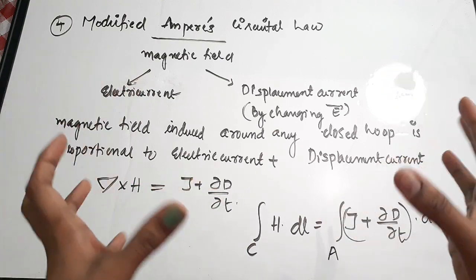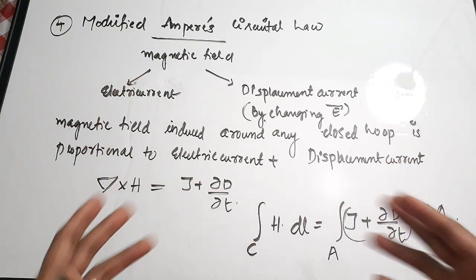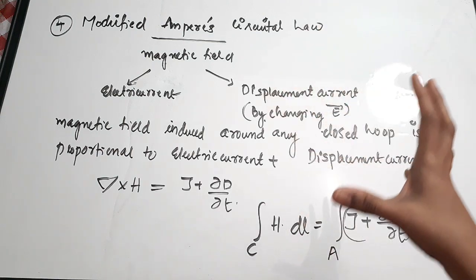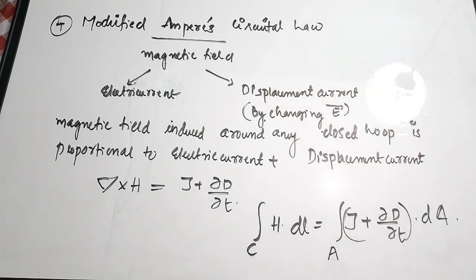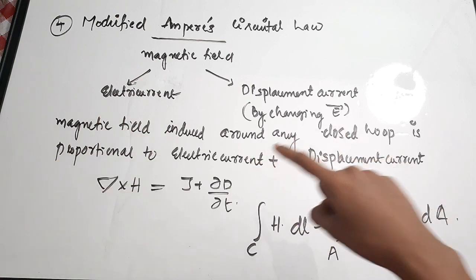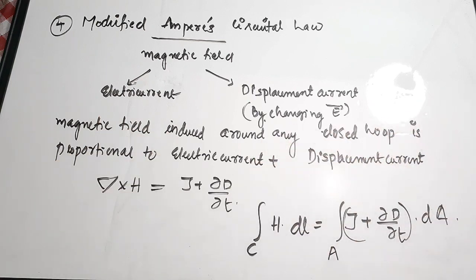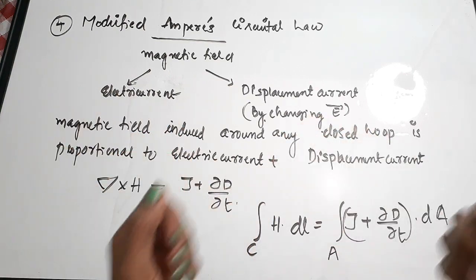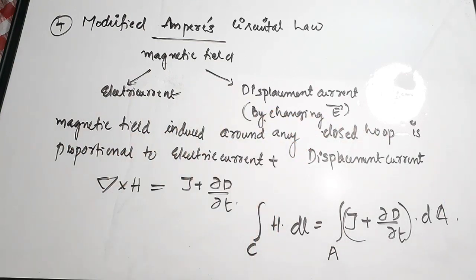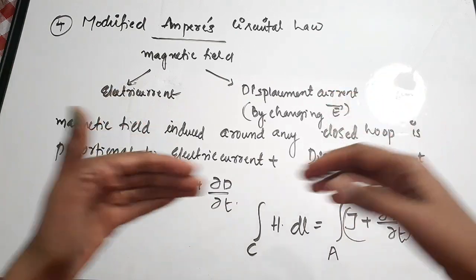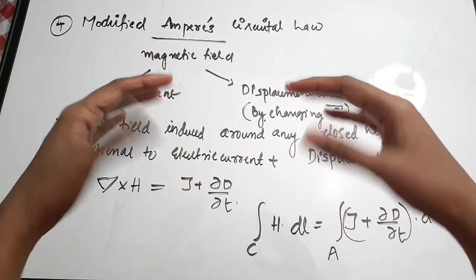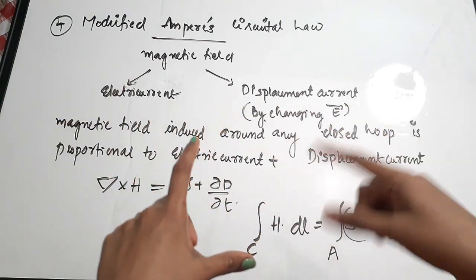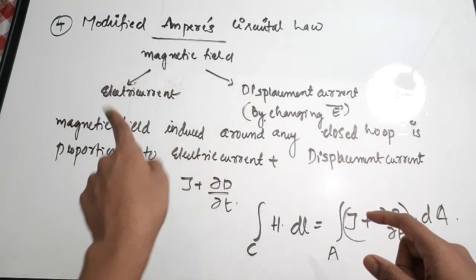So this equation states that the magnetic field induced around any closed loop is proportional to the sum of electric current plus displacement current. Just the written form of what we have explained before. So the total magnetic field around a closed loop will be the sum of these two, electric current and displacement current.